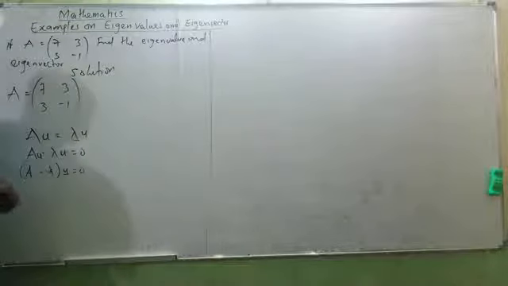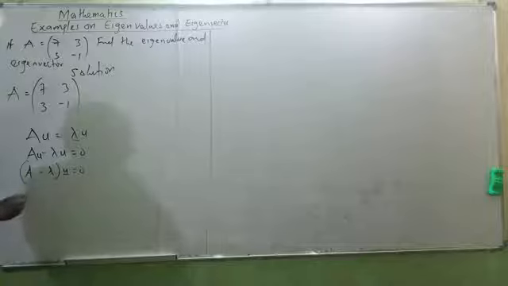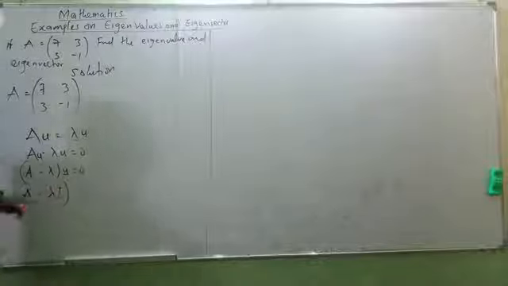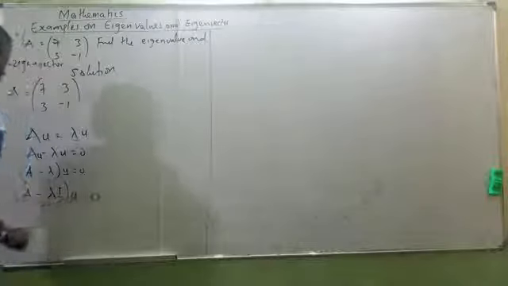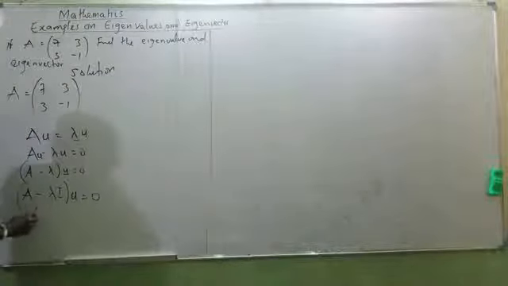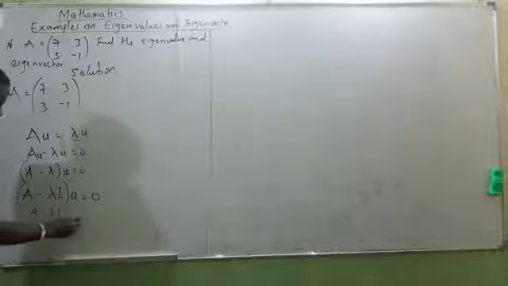This is the vector. Now, what is my A? To write it very well, I must have it as A minus lambda I, because lambda is a scalar. And we know what I means. I means the identity matrix. That is very, very important. Now, I will say that my A minus lambda I equals 0.